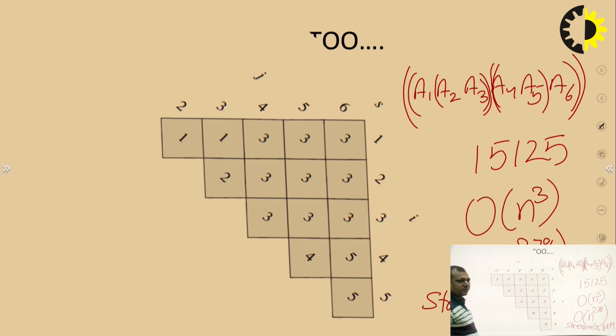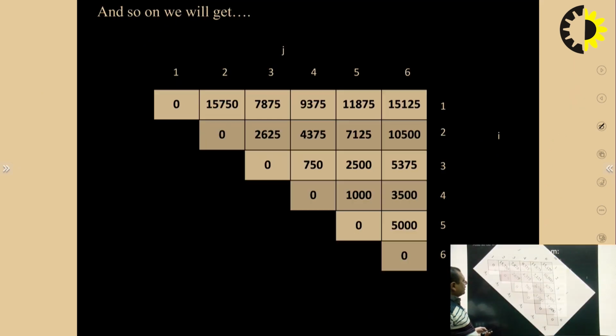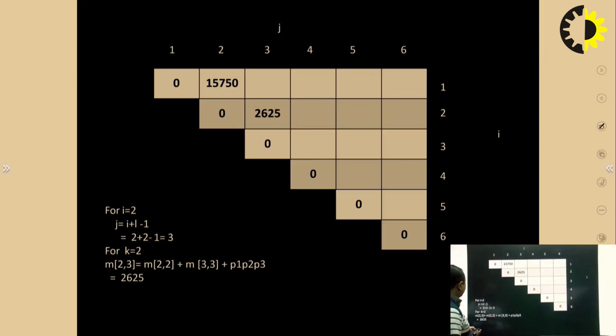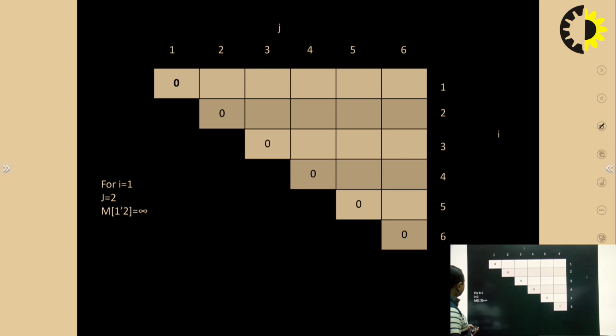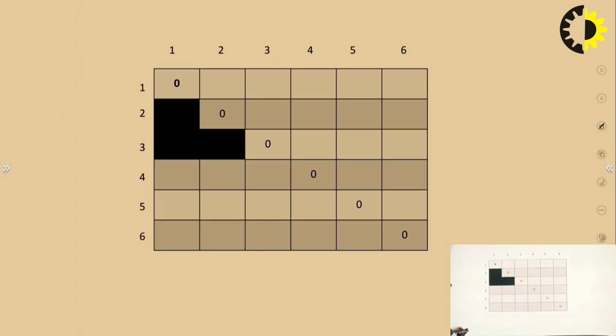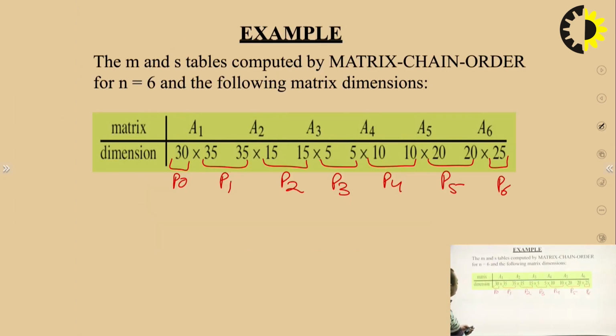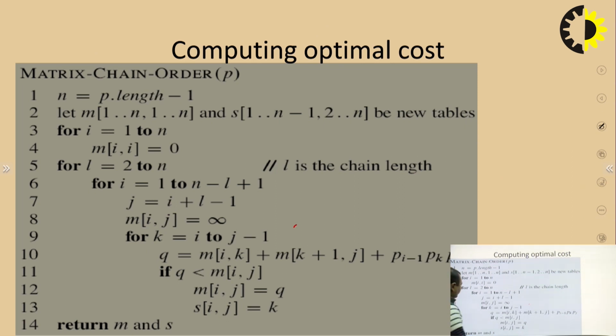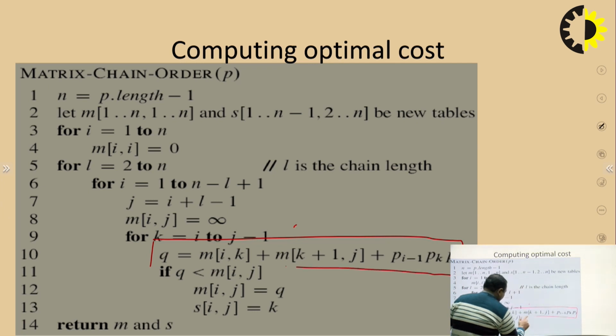Okay, so I hope you understand how to multiply the matrices. Here we have to remember the most important formula, that is q equals m i k plus m k plus 1 comma j plus p i minus 1 p k p j. This is the formula that is very important, that you have to remember.